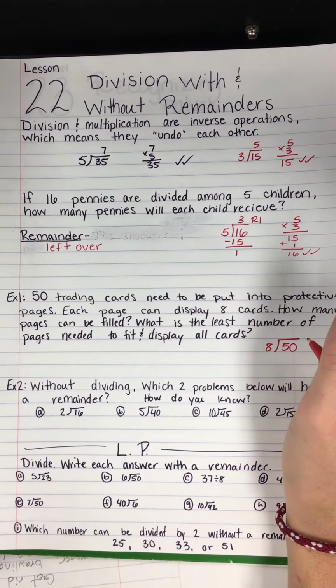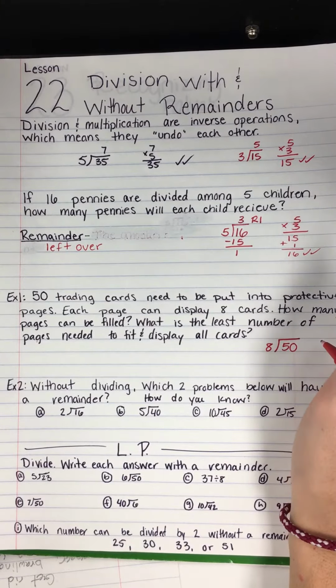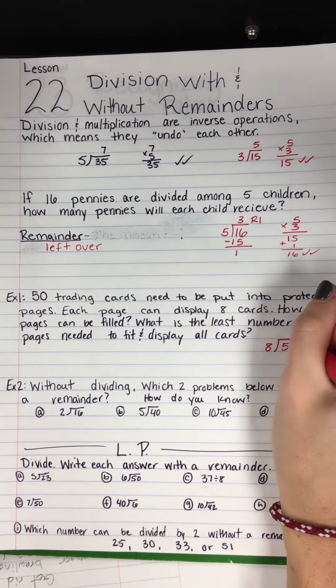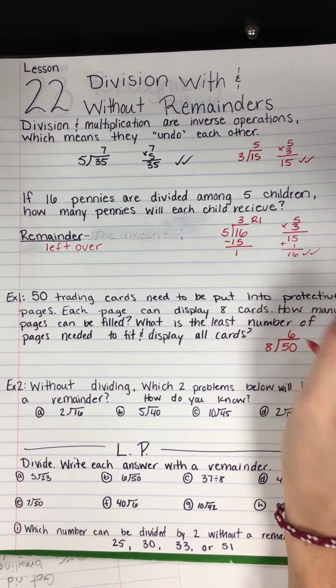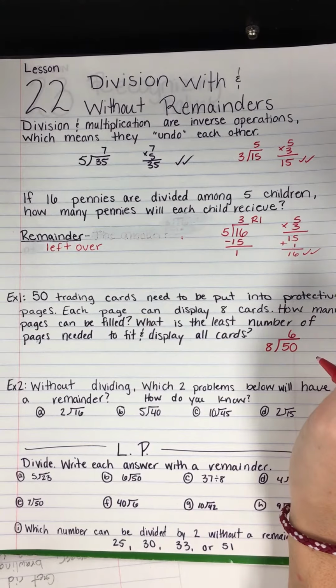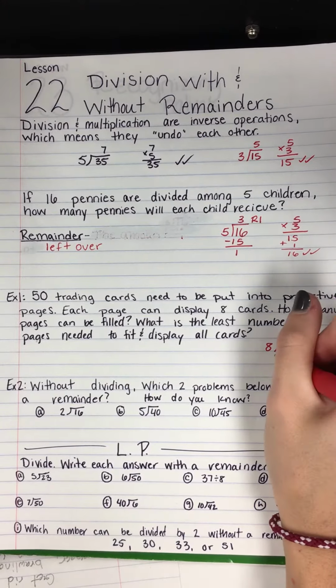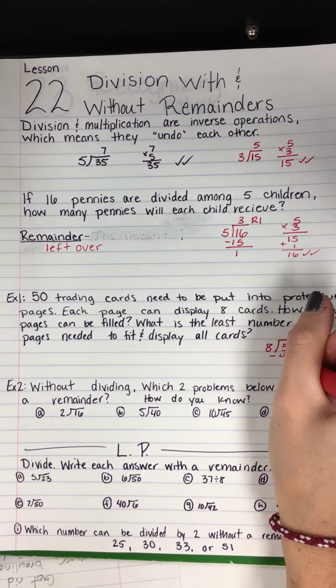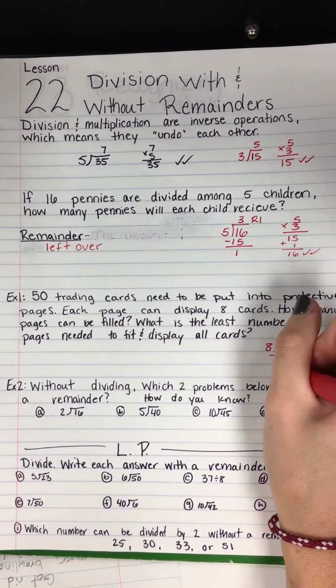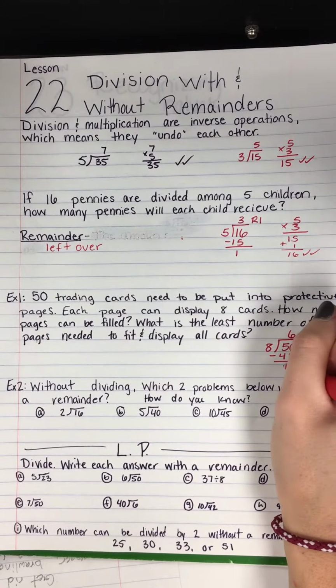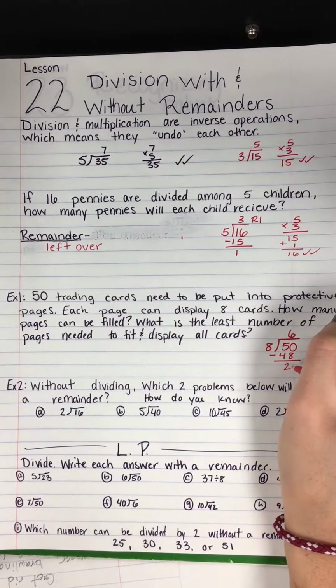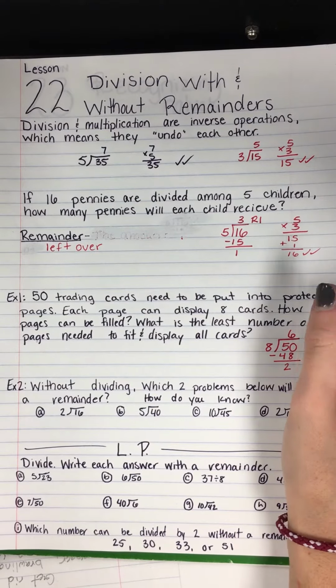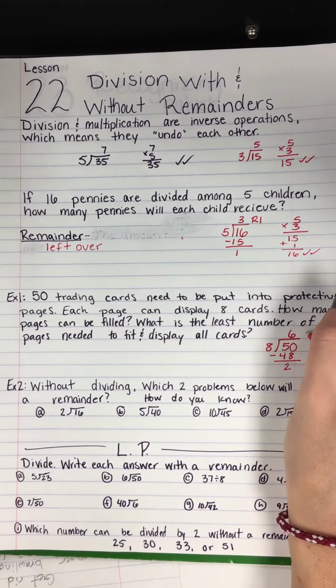All right. We think, what number of 8s is close to but not more than 50? And the answer is 6. And we multiply 6 by 8 and we get 48. So you're going to take away that answer here, and 50 minus 48 is 2. So that means that the remainder is 2.